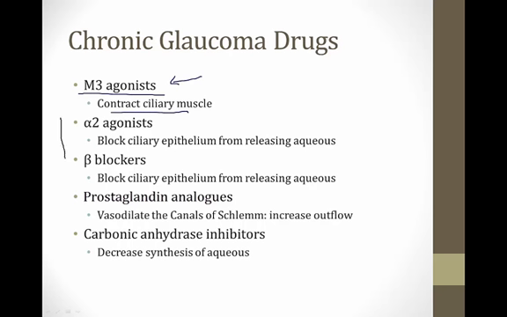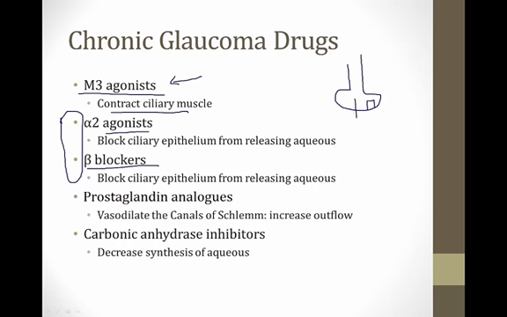The next 2 drugs are the alpha agonists and the beta blockers, so they block the sympathetic nervous system. And recall that the sympathetic nervous system can stimulate the ciliary epithelium to release more aqueous humor. So beta blockers directly block that effect of the sympathetic nervous system, and then alpha agonists do that indirectly. Recall that the presynaptic neuron has an alpha 2 receptor right here, and that senses norepinephrine.